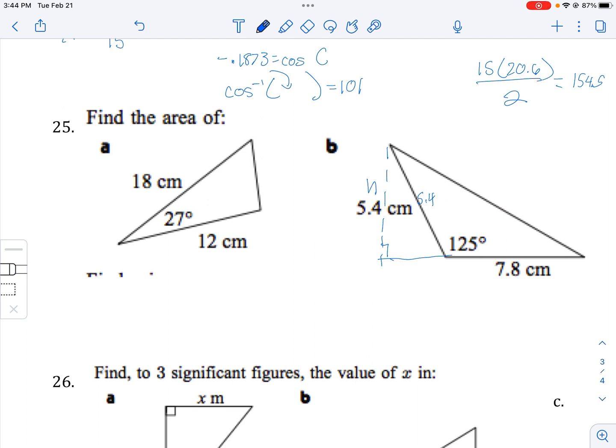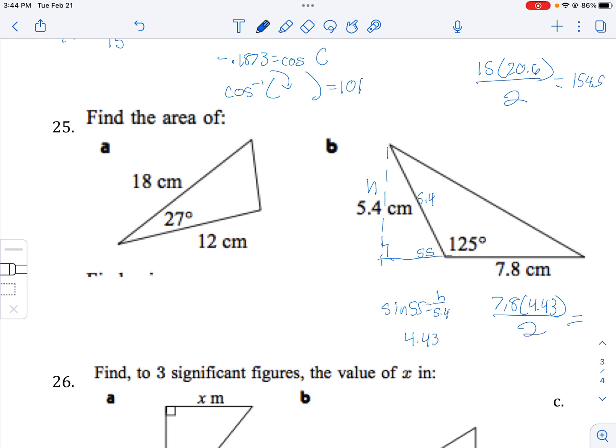Got to do 180 degrees in a straight line. So this is 55. So we'd have the sine of 55 equals H over 5.4. 5.4 times the sine of 55, 4.43. So 7.8 times 4.43, whatever that is, divided by 2.